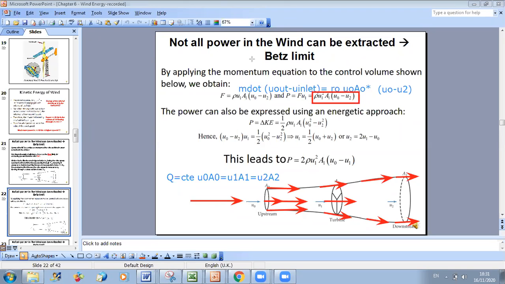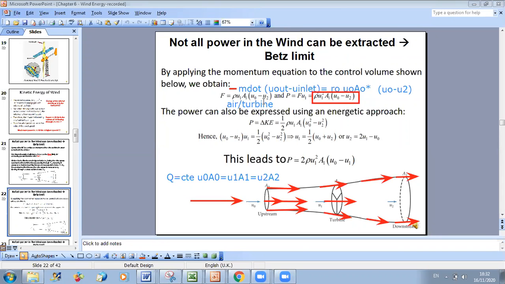So I will just put a minus before it: minus m dot times u out minus u in, which is plus m dot times u in minus u out. Because what you are interested in, the force F, represents the force of air on turbine. So now we have developed the expression of this force.